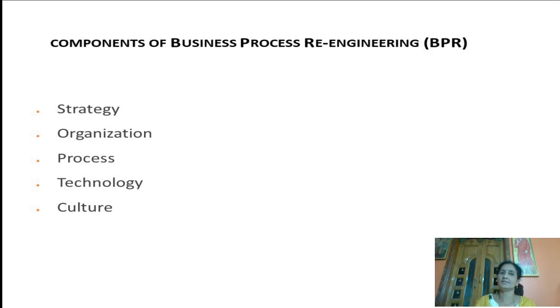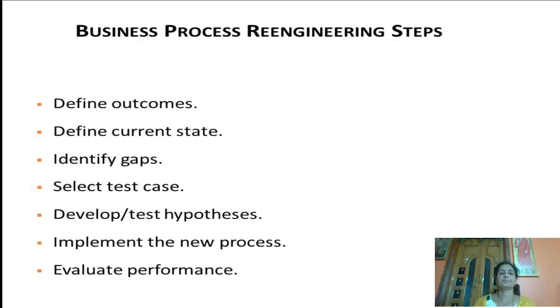So what all is required from the organization has to be taken into consideration. Process, the process itself has to be redesigned. So that is also one of the main components of business process re-engineering. Technology, what are the technologies they have to change or improve, what technologies have to be used. This has to be analyzed, and for all this the culture also is very important.